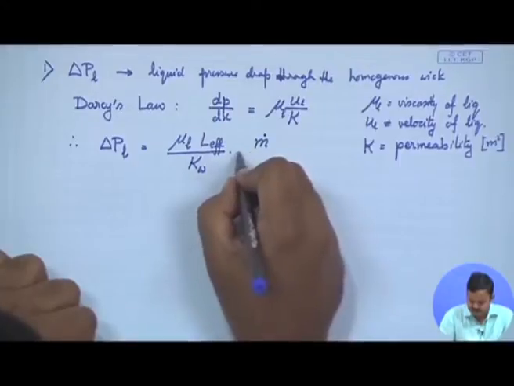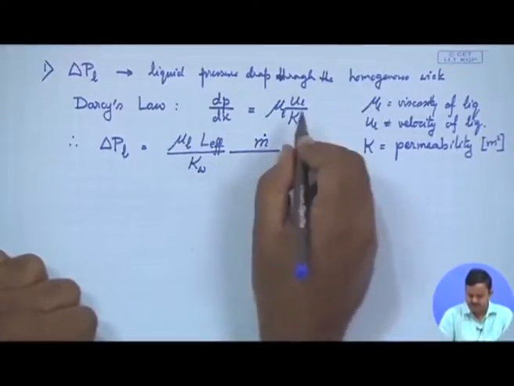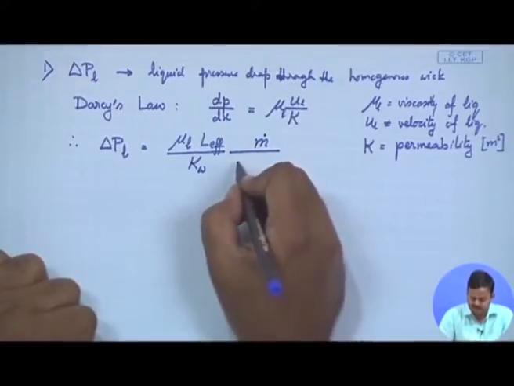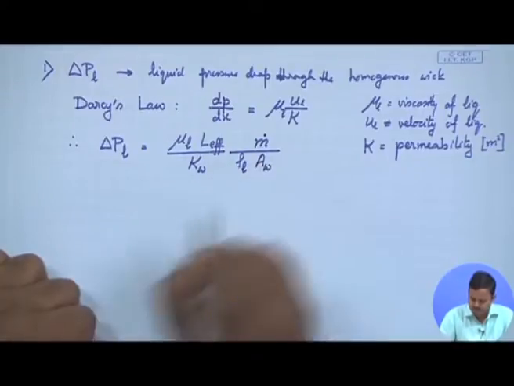Why I am writing it as m dot will become clear later. Velocity is mass flow rate divided by density times area, so rho L times Aw.